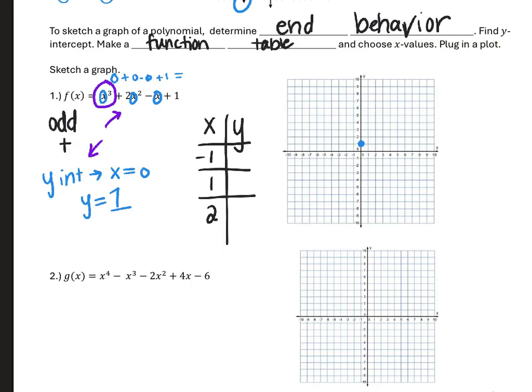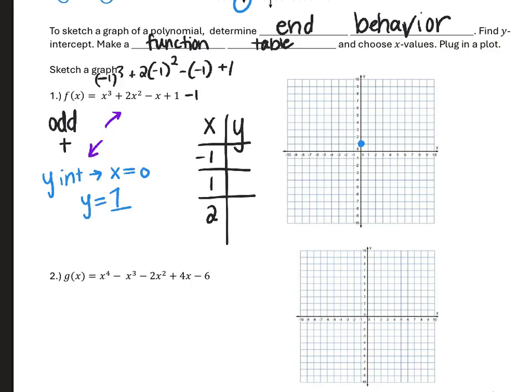So if we plug in -1 to our function, go back to the original, and plug in a -1 for x, and then just do the math. So -1 to the third plus 2 times -1 squared minus -1 plus 1. If you had a 4-function calculator, you could have it help you with this arithmetic. Okay, -1 to the third is still -1.